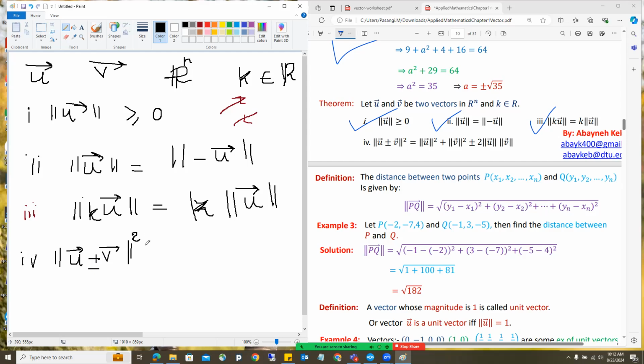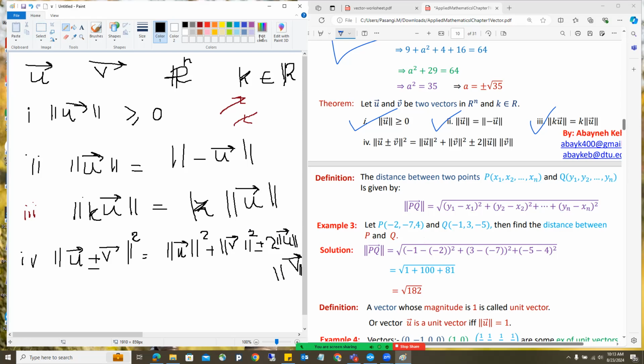So the square root of this is equal to the square root of the magnitude of u plus the square root of the magnitude of vector v, plus or minus 2 times the multiplication of these two vectors' magnitudes.